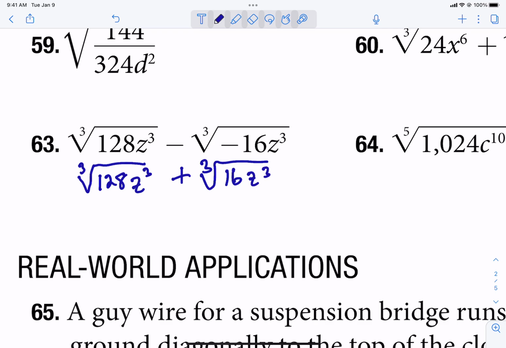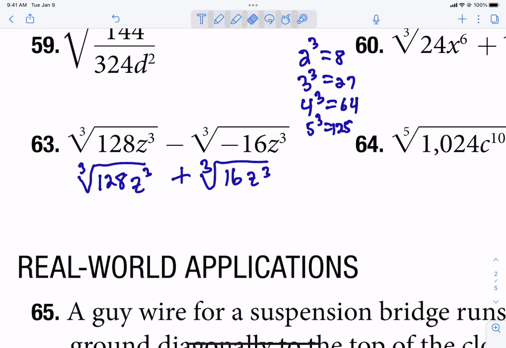Okay, now let's think of our cube list. 2 cubed is 8. 3 cubed is 27. 4 cubed is 64. 5 cubed is 125. I think that's as far as we need for these numbers.